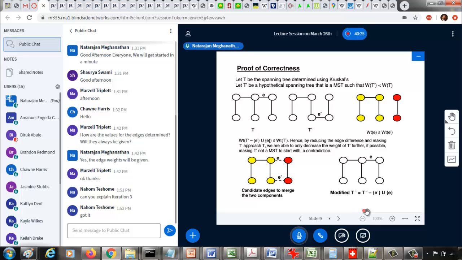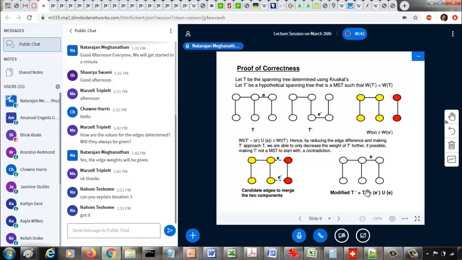In general, we can repeat this process by reducing the edge difference from any number all the way to 0. By doing this, we are removing an edge in T prime that is not in T and adding an edge from T to connect the two components.